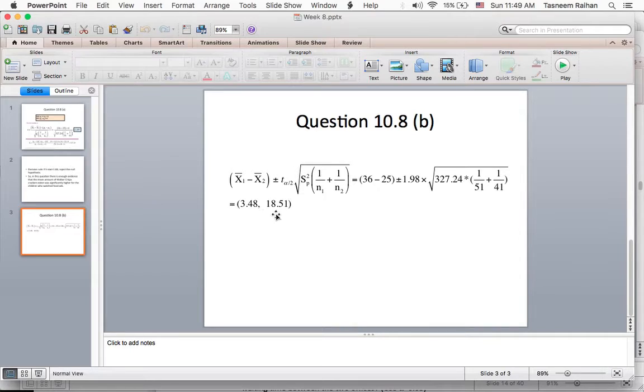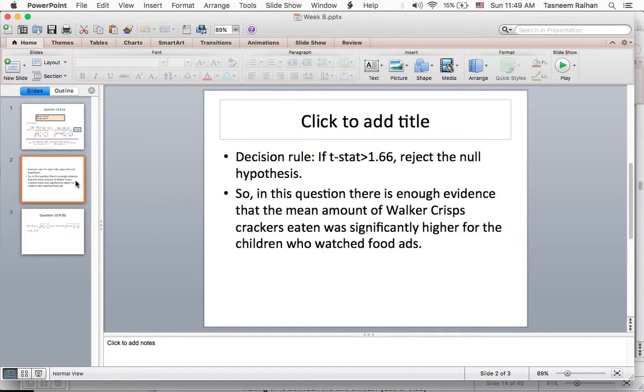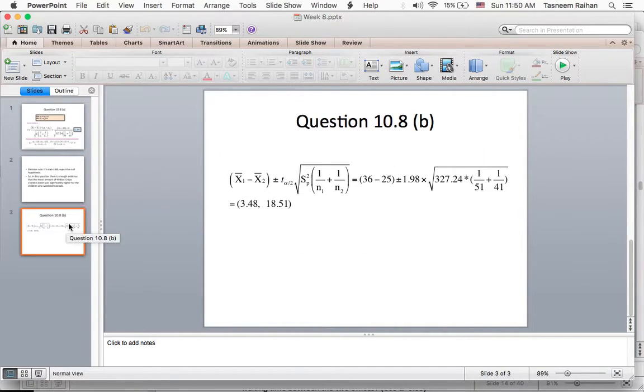Now there is one more component that we have to deal with, which is t alpha over 2. It is the value of the t-stat for alpha over 2 with degrees of freedom n1 plus n2 minus 2.